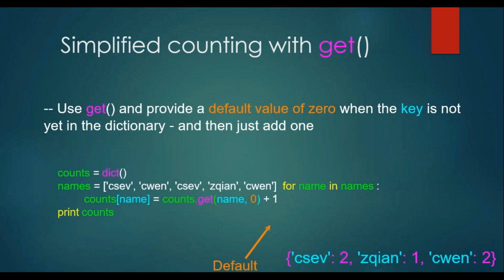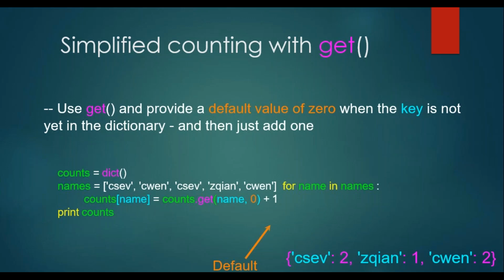For name in names, counts of name is equal to counts dot get name comma 0 plus 1. In the previous program we can use the get method, with a default value of 0 when the key is not yet in the dictionary.